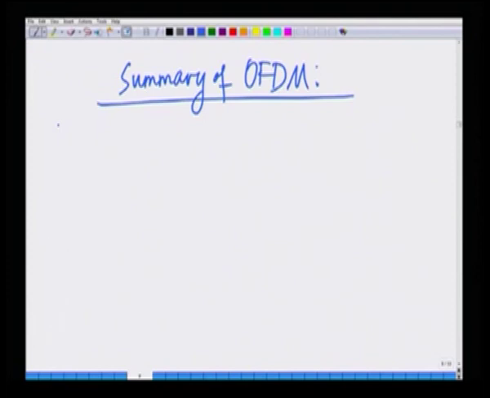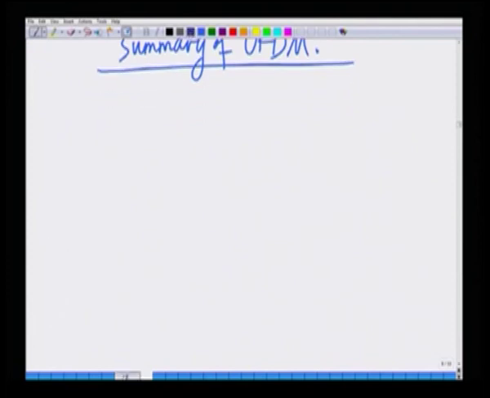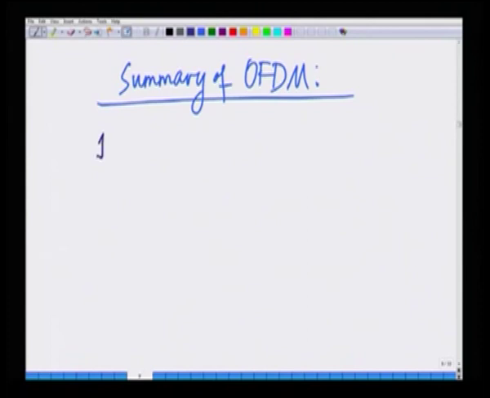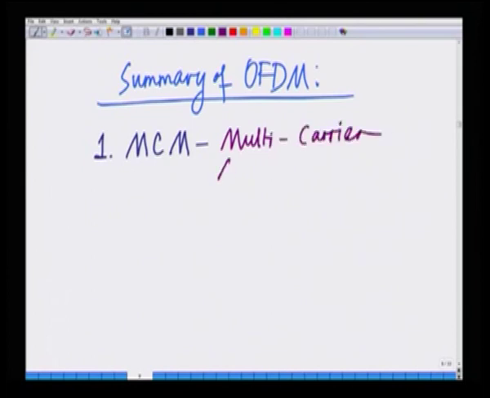So, in OFDM, starting with the first thing we have seen is multi-carrier modulation, which forms the basis for OFDM.